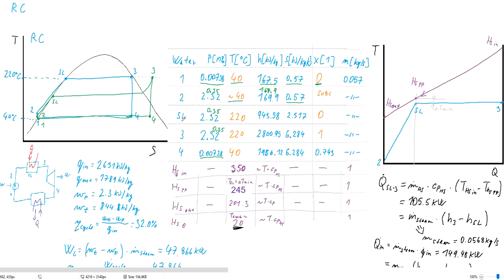So now the point SL, saturated liquid, it stays as a condition of saturated liquid, so we have quality of 0 and specified pressure.